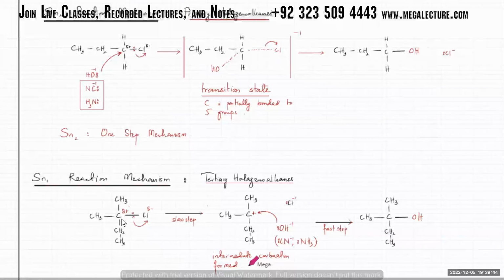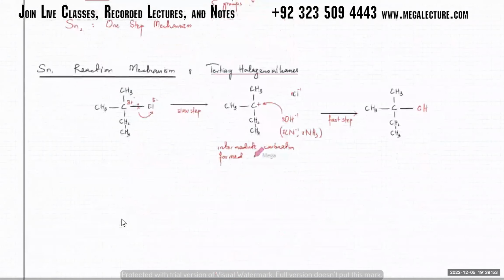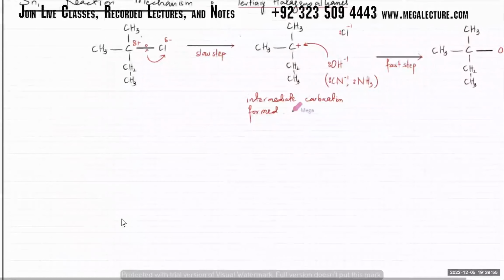But anyways, now for the explanation. You have to explain why the first one is SN2 and why the second one is SN1. So what will you write in the paper?